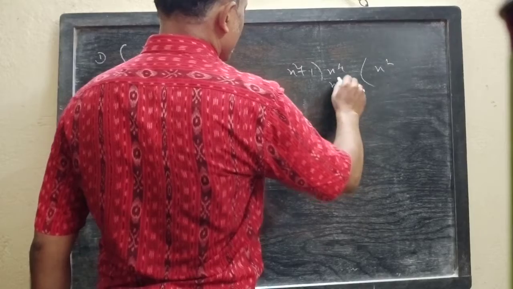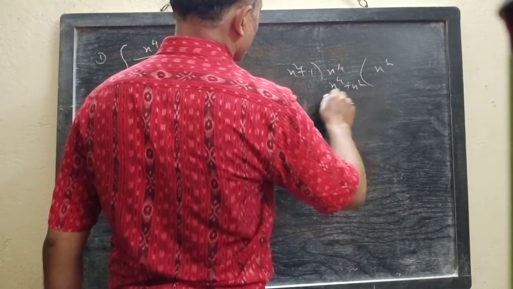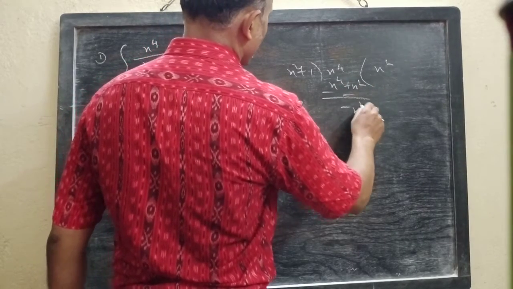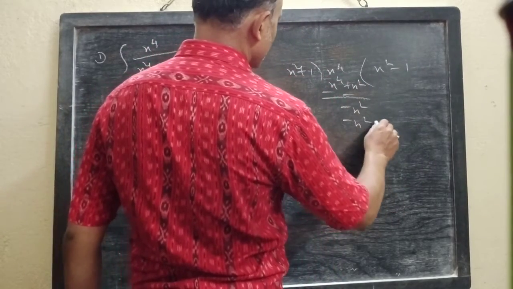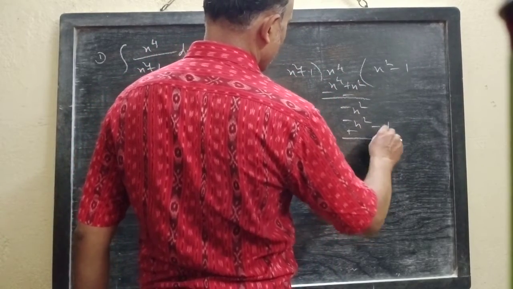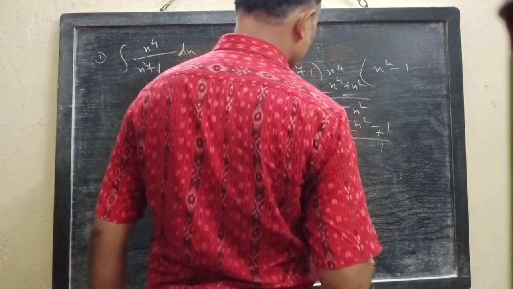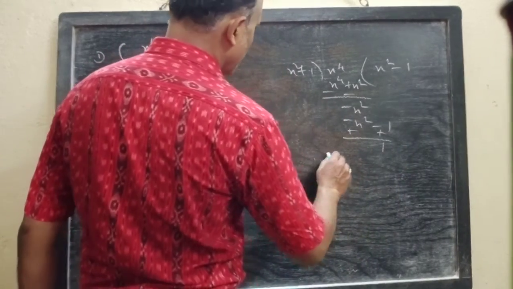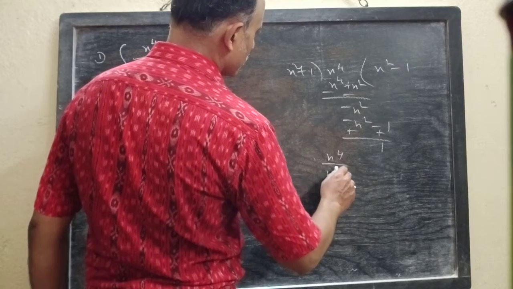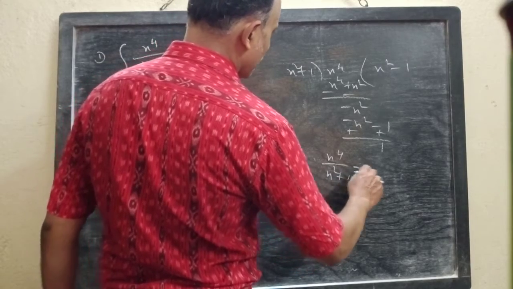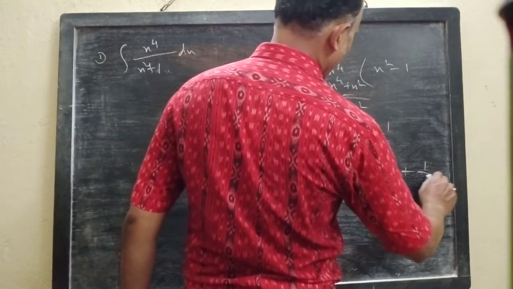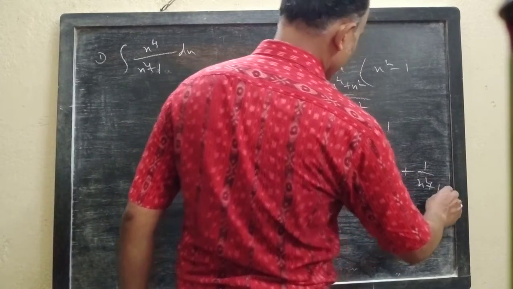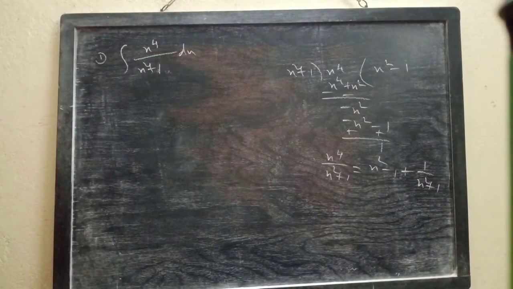x square times, that is x to the power 4 plus x square, minus. It is minus x square minus 1 times, so minus x square minus 1 plus, so the remainder is 1. So look, you can write x to the power 4 by x square plus 1 as, this is the quotient, that is x square minus 1 plus 1 by x square plus 1, in this way.